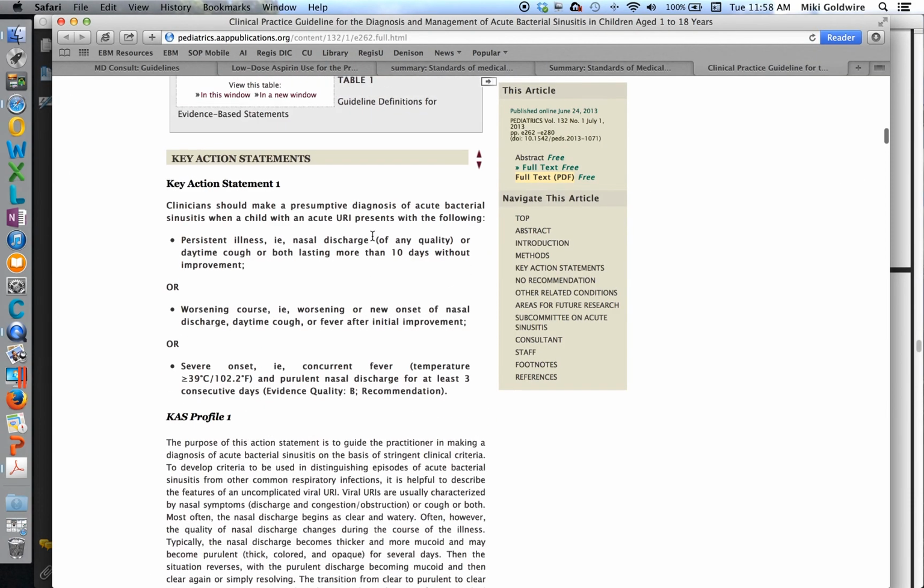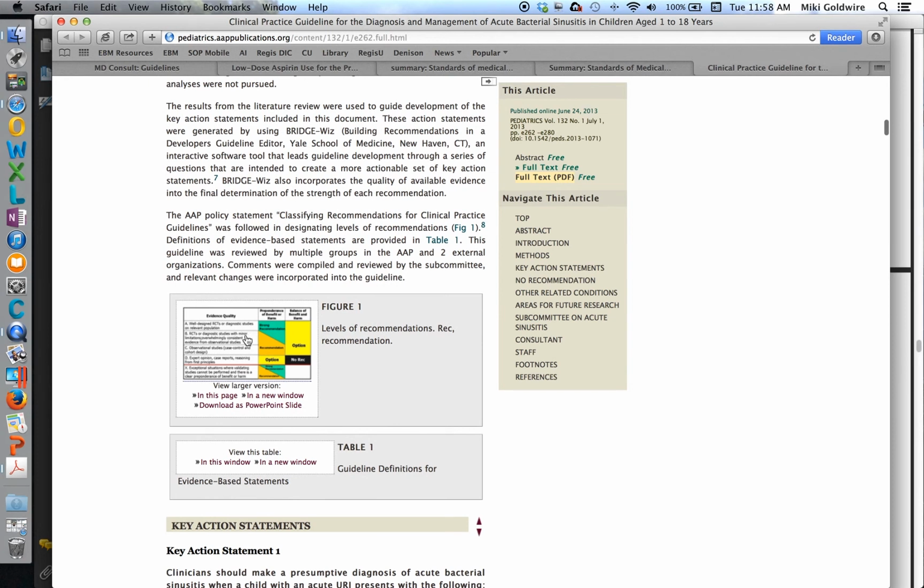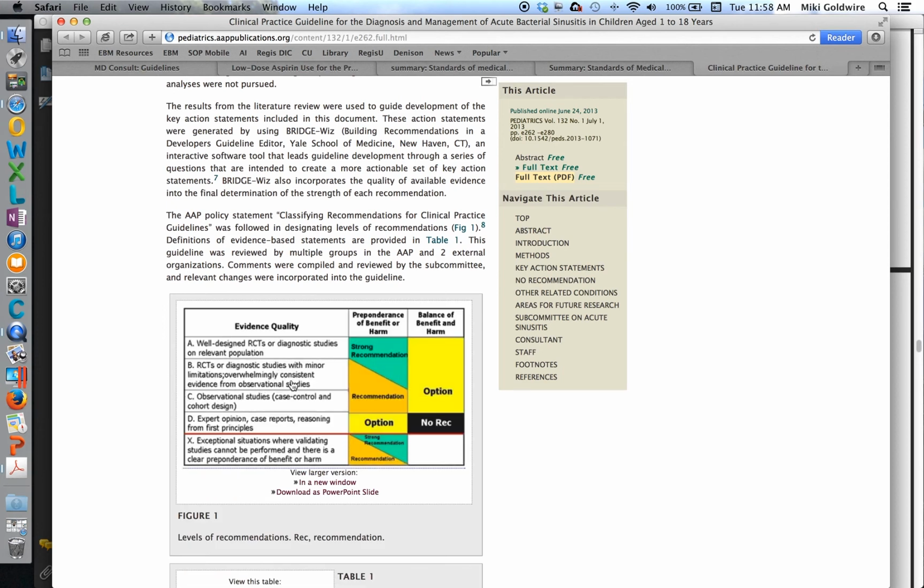So again, if we remember this figure, evidence quality B was from RCTs or diagnostic studies, or overwhelmingly consistent evidence from observational studies.